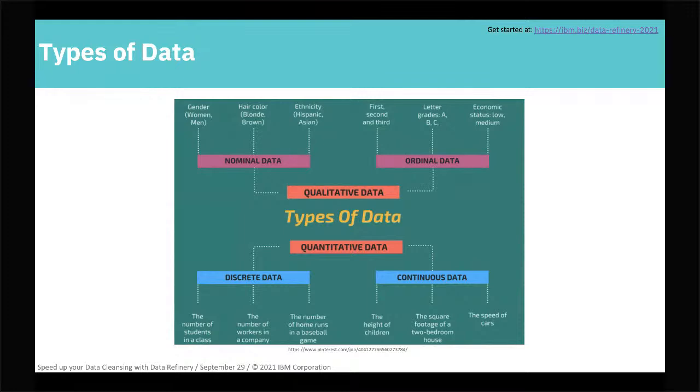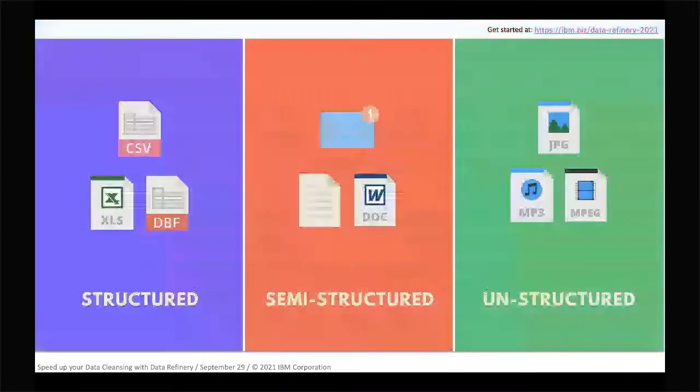So that's about the types of data that we have. Data can also be presented to us in different formats. It can be structured, semi-structured, or unstructured. An example of structured data, very commonly, would be data that we get in a CSV file or an Excel file. This kind of data would normally be in the form of rows and columns.